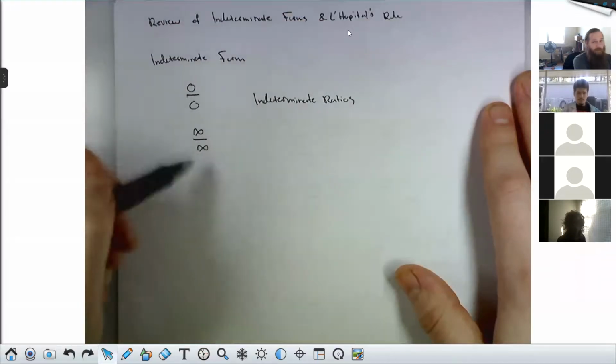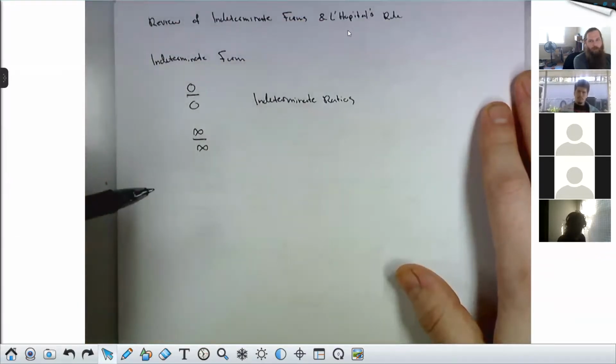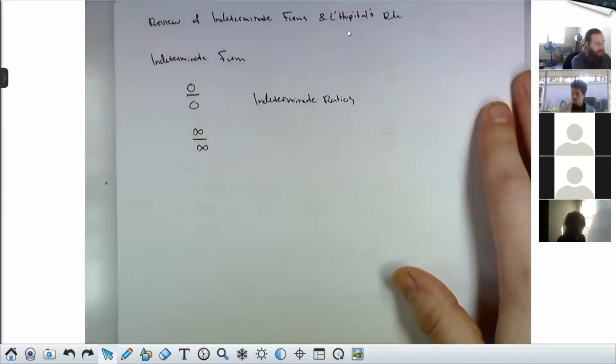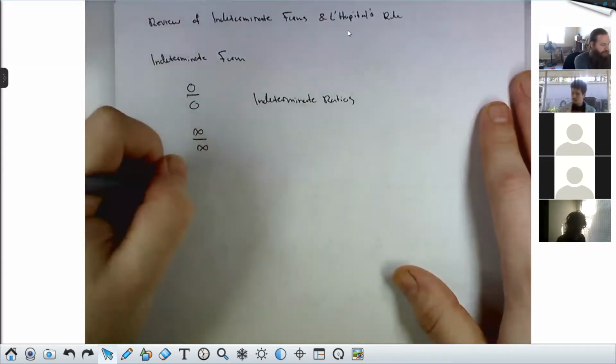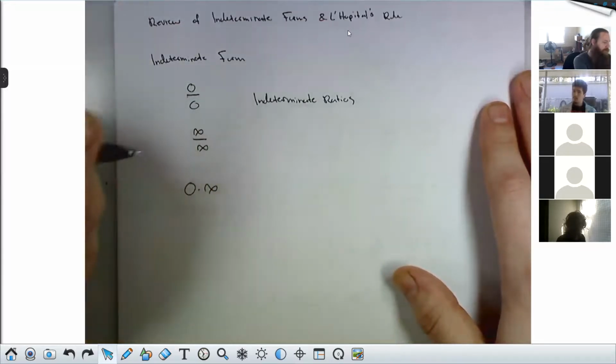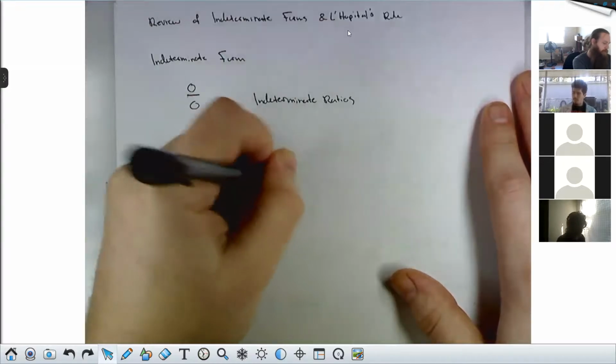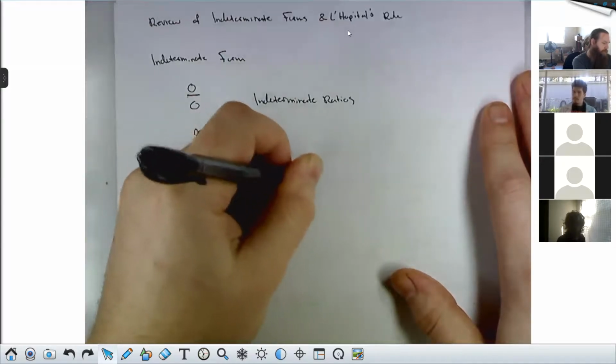And these are the only things to which we can apply L'Hopital's rule. Any of the other indeterminate forms, you have to do algebra work to turn them into these before you can apply L'Hopital's rule. Other examples are 0 times infinity. This is called an indeterminate product.